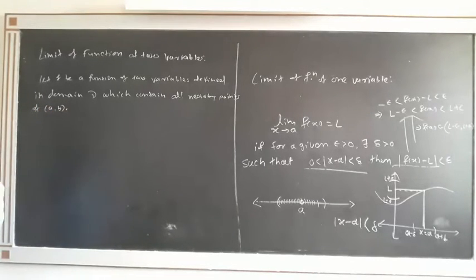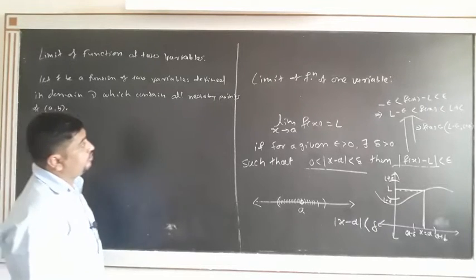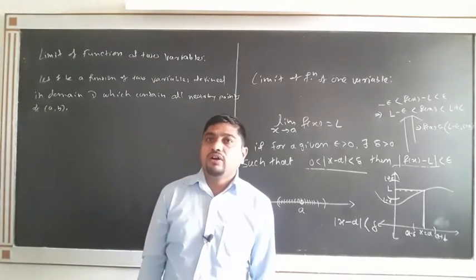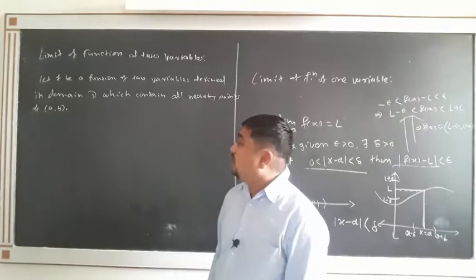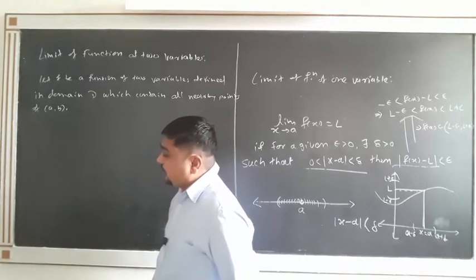That is, here we are taking the domain D, which contains all the neighborhood points of (a, b).